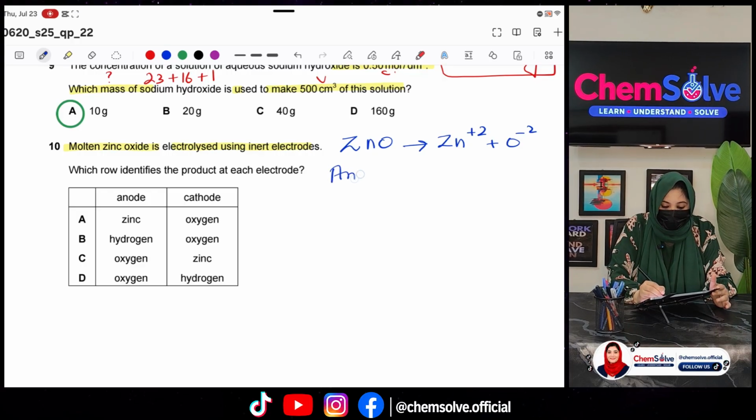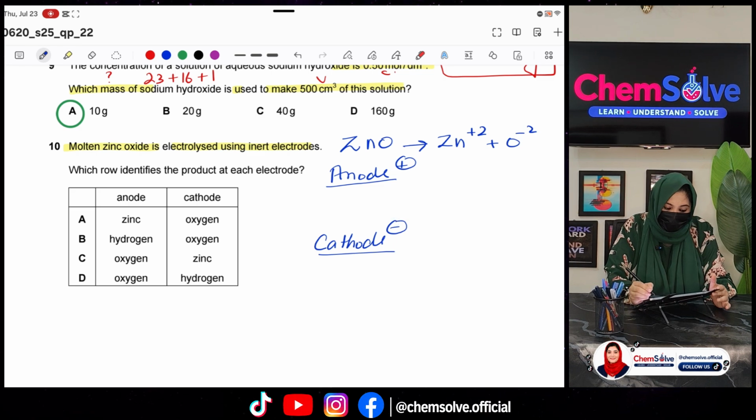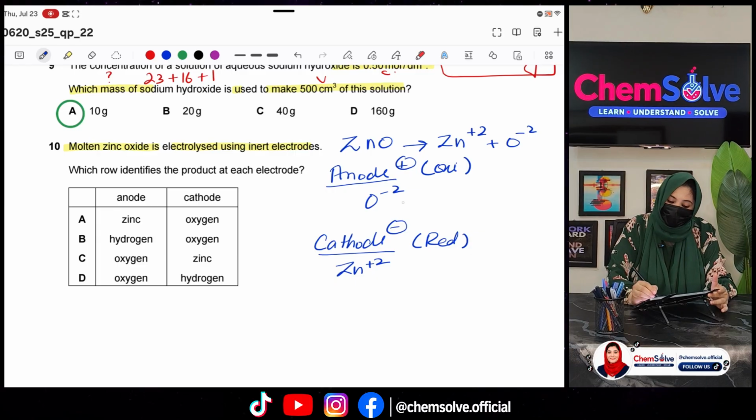So what will happen at the anode and what will happen at the cathode? Anode is itself positively charged, cathode is itself negatively charged. So the positive ion will move towards the cathode and the negative ion will move towards the anode. Always oxidation takes place at the anode, always reduction takes place at the cathode.